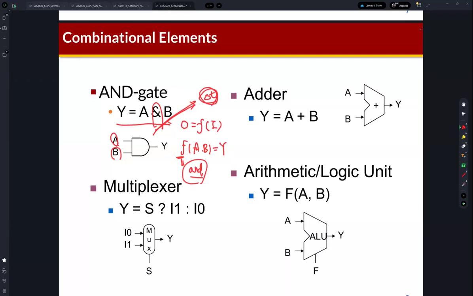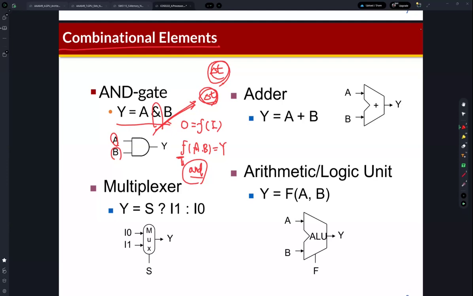In the combinational logic, you can just understand it like this: it generates the output based on a function of the input signals, but after some delay. Which means if the input values change, then the output values also change, but after some delay.